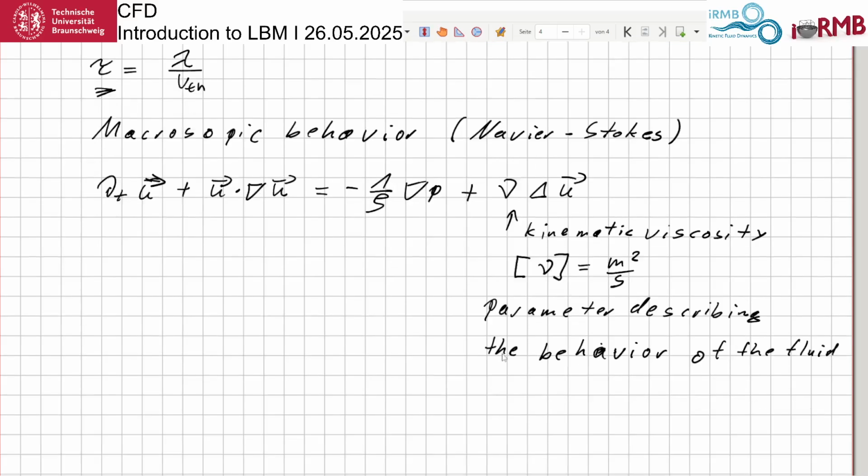And this thing can be identified as the thermal velocity times the mean free path, which can also be written as the mean free time times the thermal velocity squared.